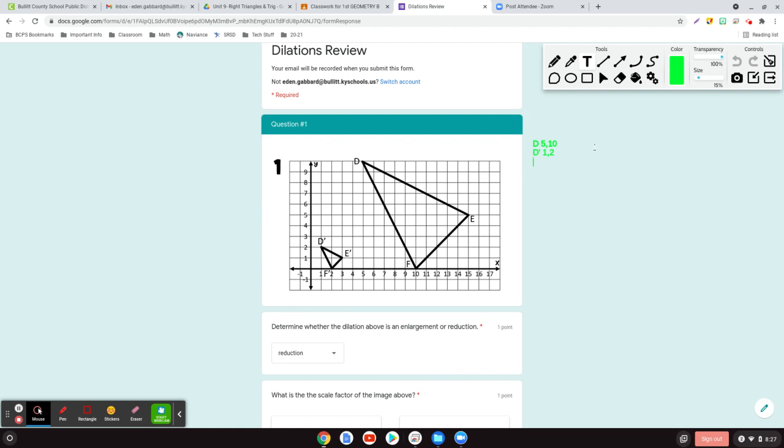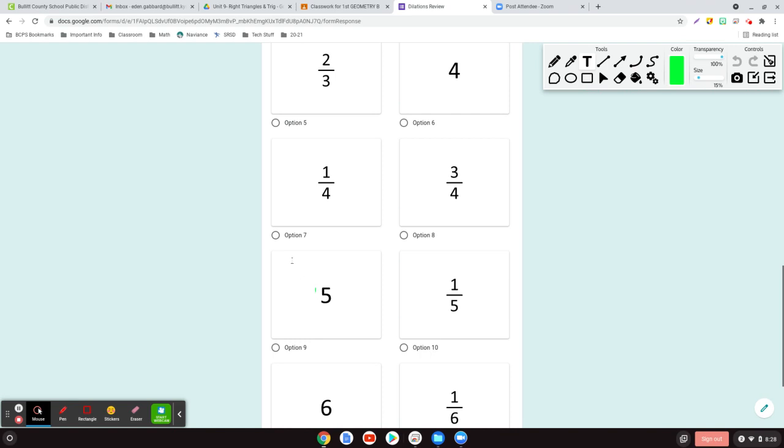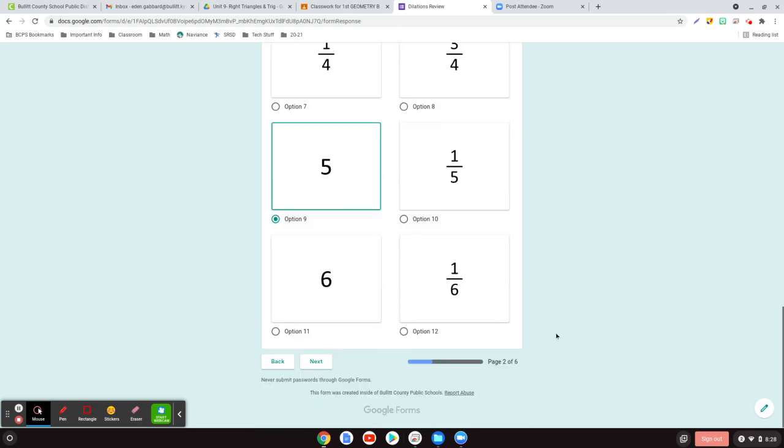Well, 5 divided by 5 is 1. And 10 divided by 5 is 2. So our scale factor is 5. So we would come down here, find 5, and we hit next.